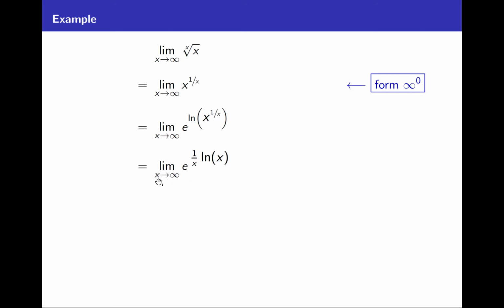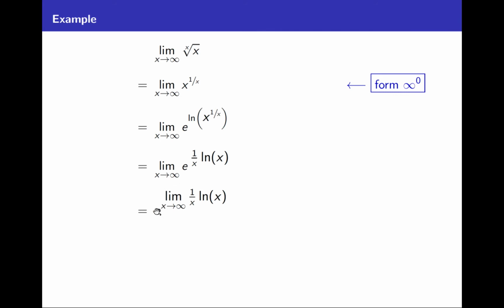So we have the limit as x goes to infinity of e raised to the power of 1 over x times ln of x. Now the next thing I'm going to do is, since e raised to a power is a continuous function, we can bring this limit as x goes to infinity up in front of the 1 over x ln of x. So there we go. e raised to the power of this limit.